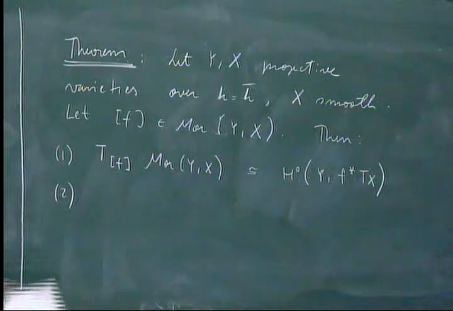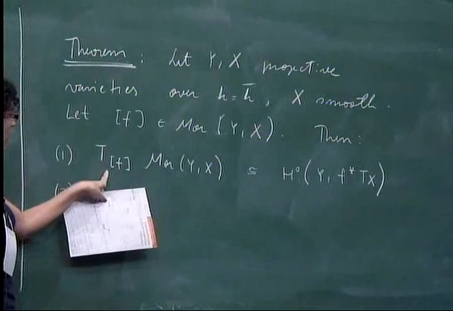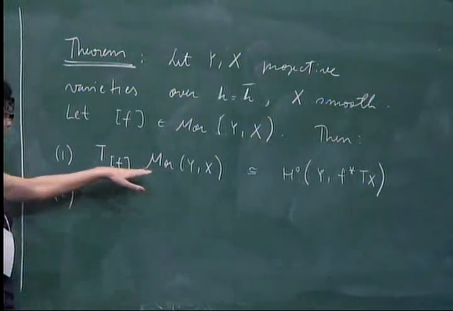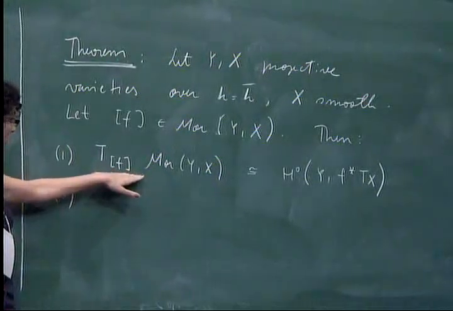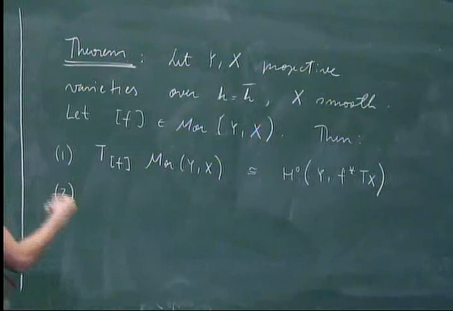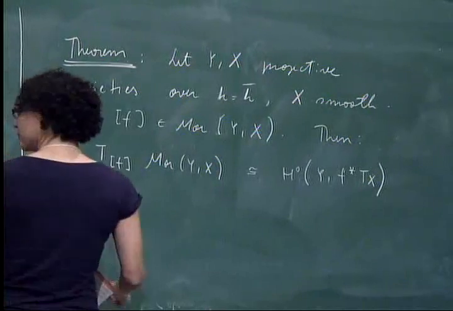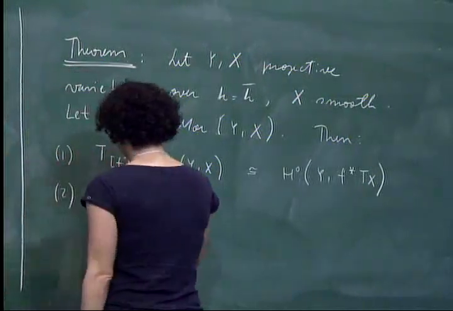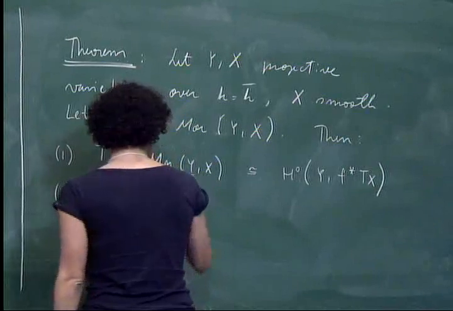Second, this is the tangent space, but that does not mean that every vector here really comes from a deformation of the morphism. So for that, we need to check the H1.